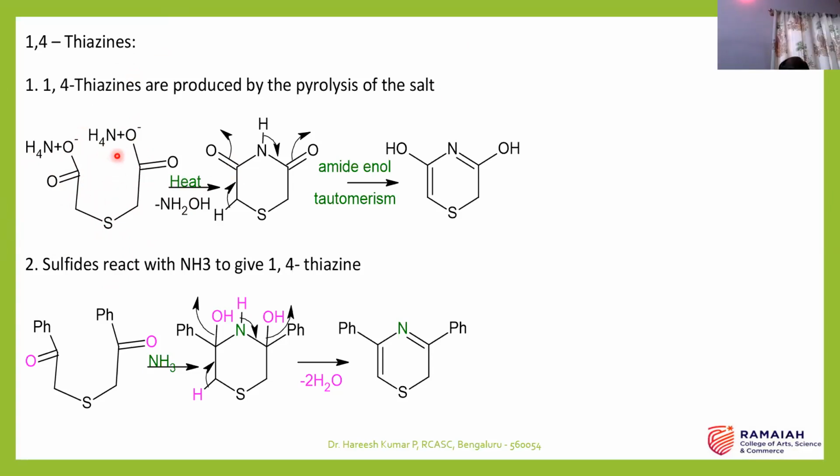When this salt is heated, there will be removal of ammonium hydroxide. Then the obtained one is a cyclic amide. After this continuation, from here to here, it is something like amide enol tautomerism.